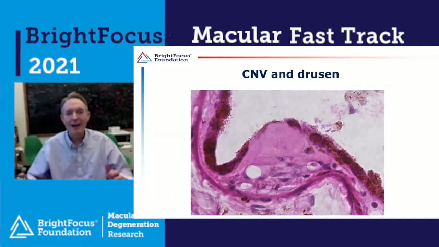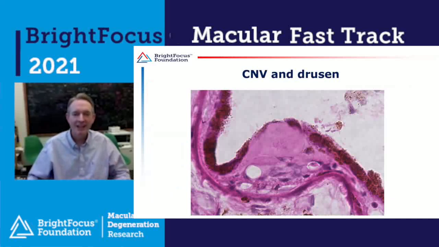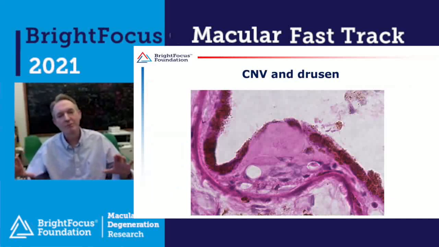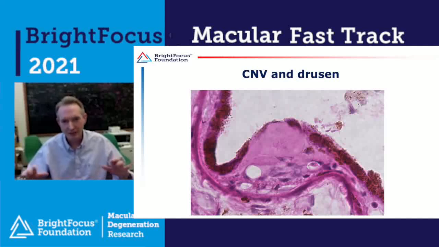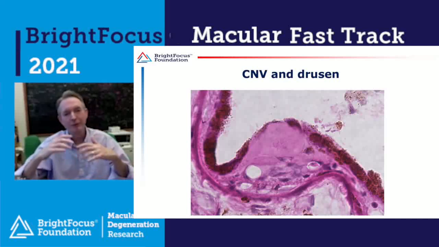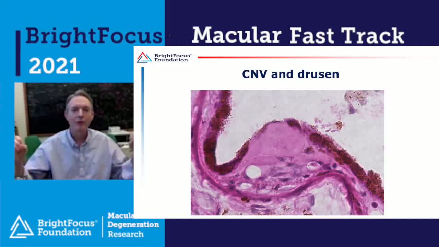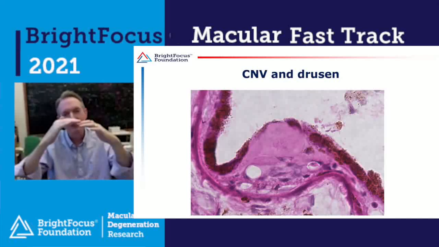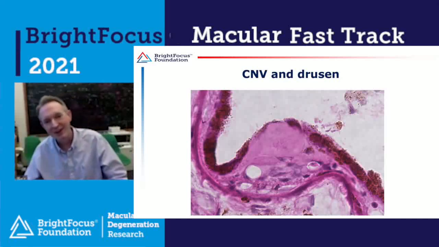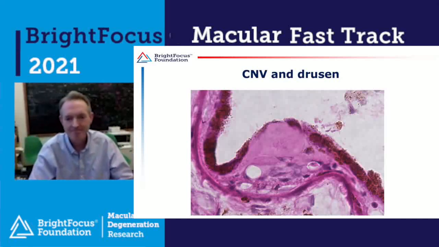We don't know a lot about this. It's not common. Occasionally, it looks like drusen can be a substrate for neovascular membrane invasion. So whether Bruch's membrane is weakened or loosened up underneath drusen, or the loss of choriocapillaris under drusen signals them to grow in, it's an occasional observation.